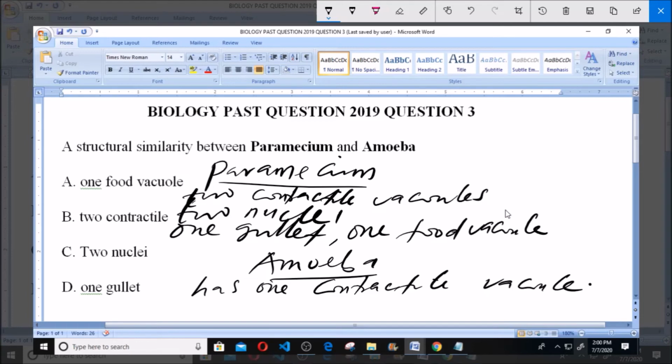It has 1 food vacuole. It has 1 nuclear, and it doesn't have a gullet, no gullet.